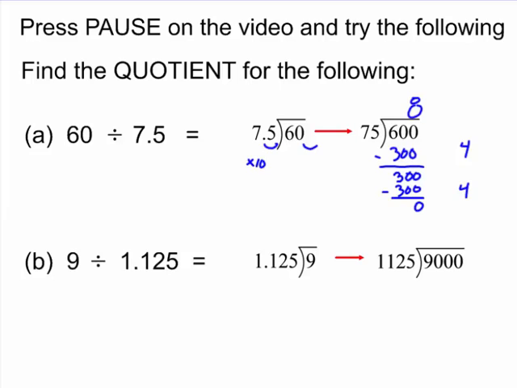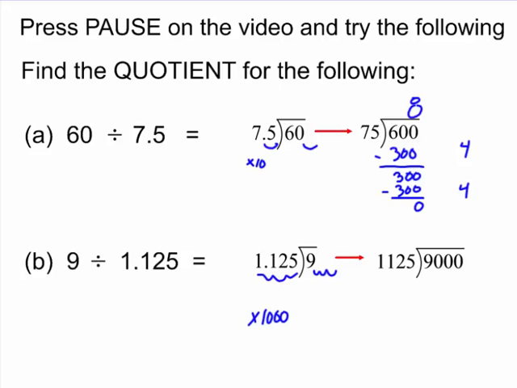My next one, I'm going to have to divide 9 by 1.125, or 1 and 125 1,000ths. So I want to make my decimal place move over three locations. This one I have to multiply by 1,000. When I multiply my 9 by 1,000, the decimal place is going to move over 3 places, and it's going to turn into 9,000. So the problem I need to solve is how many 1,125s fit into 9,000.